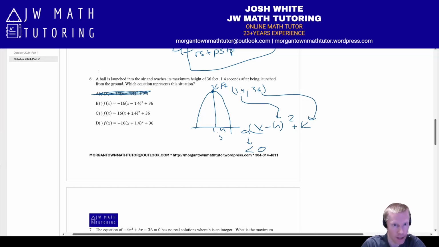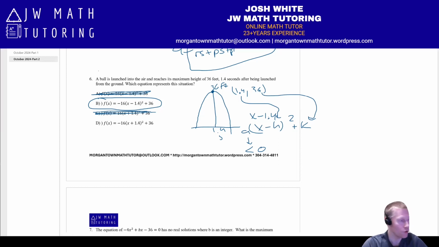So we can get rid of A, we can get rid of C, and you're down to B versus D. And because this time value, 1.4 seconds, is positive, it's going to be x minus 1.4. So the correct answer for this one is letter B.